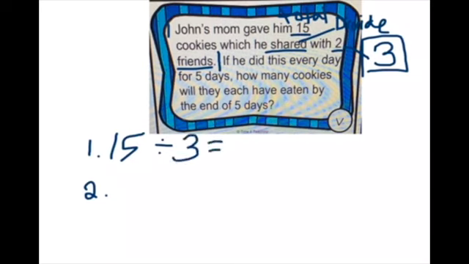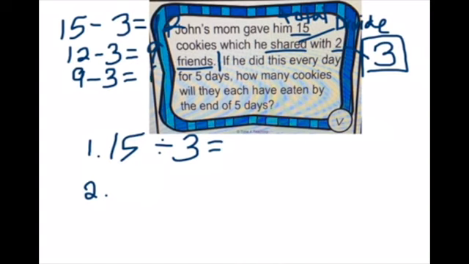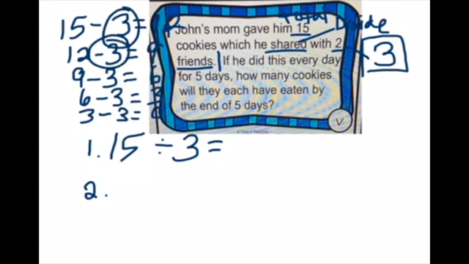And if I think about that, 15, and if I did some repeated subtraction, 15 minus 3 is 12, and then 12 minus 3 is 9. 9 minus 3 is 6. 6 minus 3 is 3, and 3 minus 3 is 0. How many times did I subtract 3? 1, 2, 3, 4, 5. So 5 is our answer for part 1. Let's look at the next part.